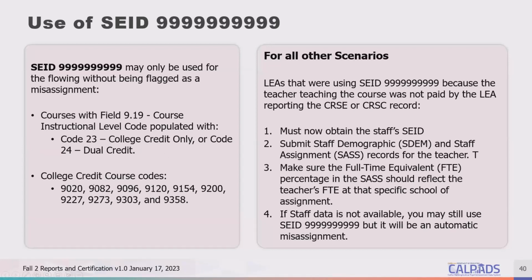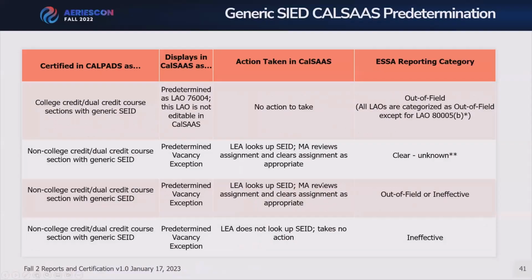Those are the only 2 instances in which the use of the generic SEID will not trigger a potential misassignment. Now, that's not to discourage you from using it. There are going to be times, often you find this with CTE courses, where students may be taking courses at Job Corps or somewhere, and that CTE instructor does not have a SEID.